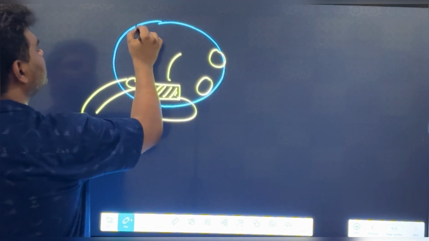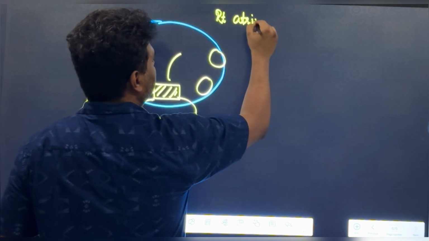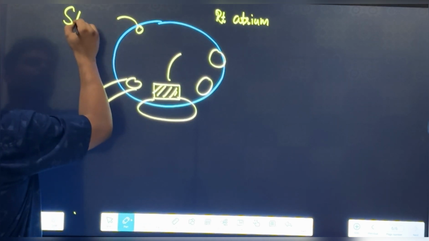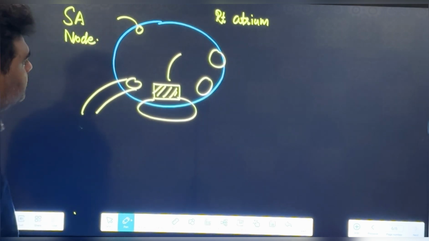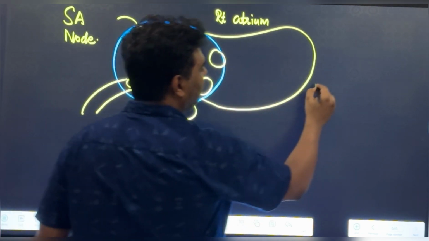Also, since this is right atrium, at the top on the right corner, we have SA node. And this is your left atrium.